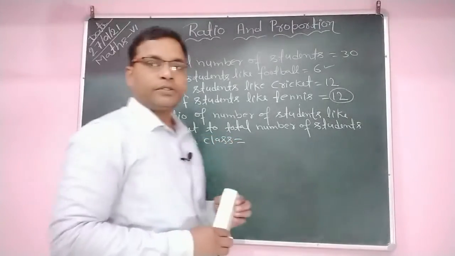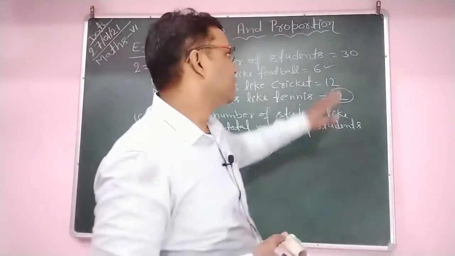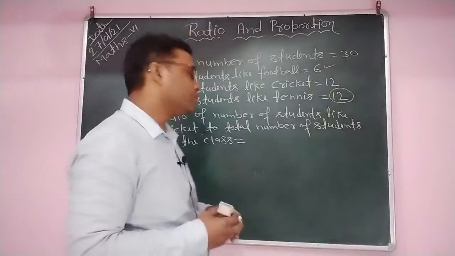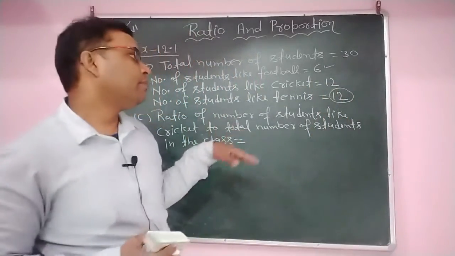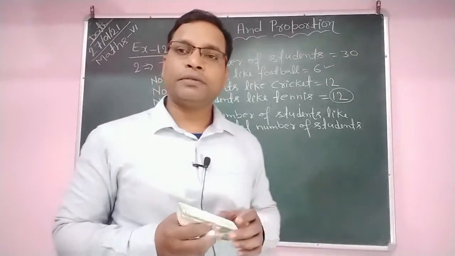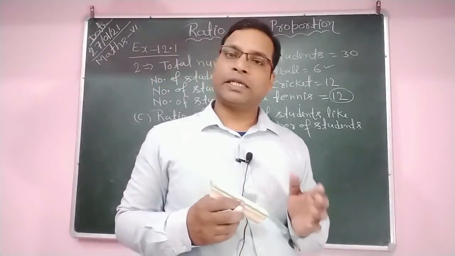So here you can see the total number of students in the class is given as 30. Number of students who like cricket is 12. So we need to find the ratio of number of students who like cricket to the total number of students in the class.